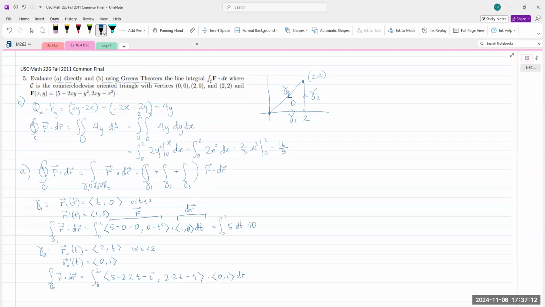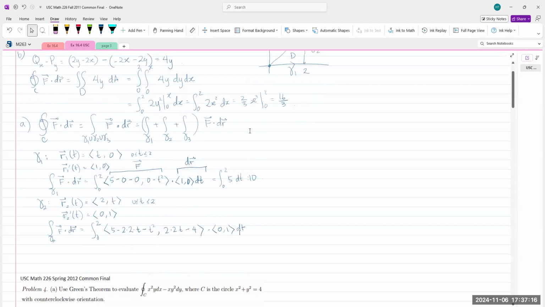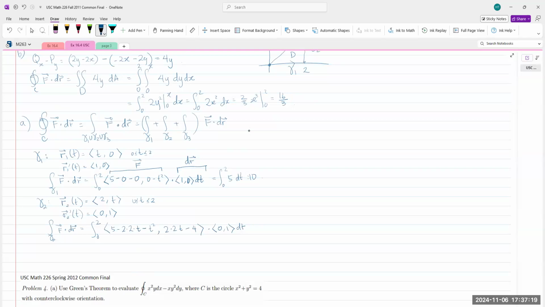I plug them in first because I don't want to make mistakes anymore. After the dot product, we get the integral from 0 to 2 of 4t minus 4 dt, which is 2t squared minus 4t from 0 to 2. That's 8 minus 8, which is 0. That's for gamma 2. Let's see gamma 3.